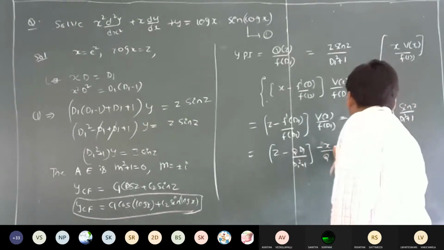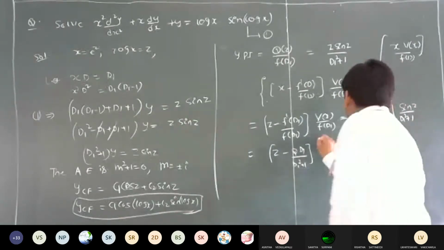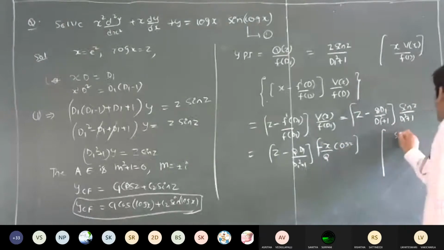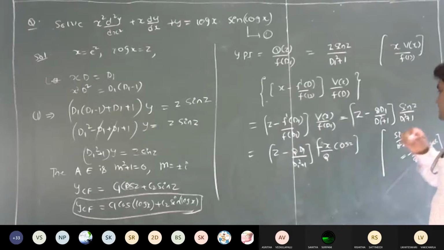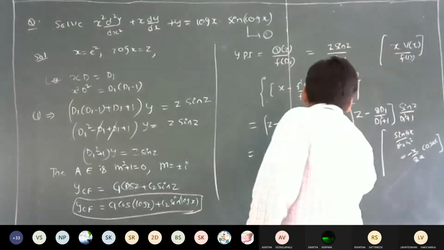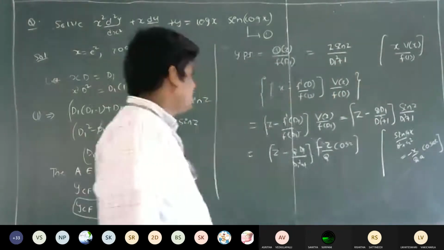So 2a means 1 into cos z. Why? Because sin ax by d square plus a square is equal to minus x by 2a cos ax. So it is a direct formula. So that it is minus z by 2 into cos z.